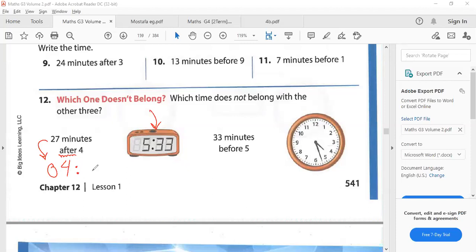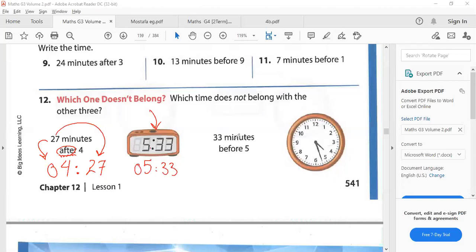We just copy the minutes with "after". "After" is easy: 27. And the next one is 5 and 33.